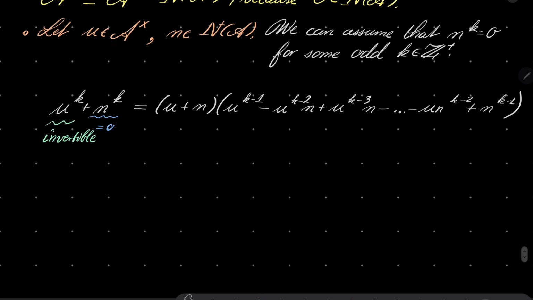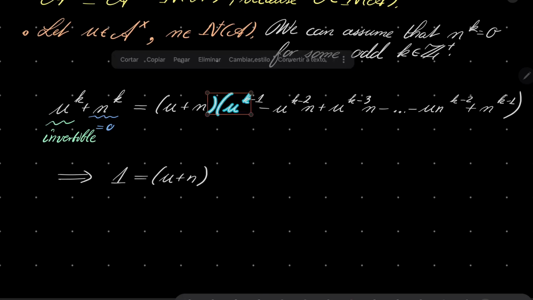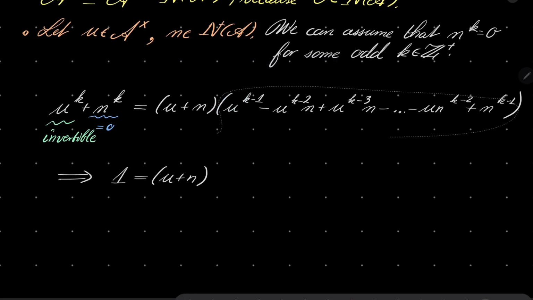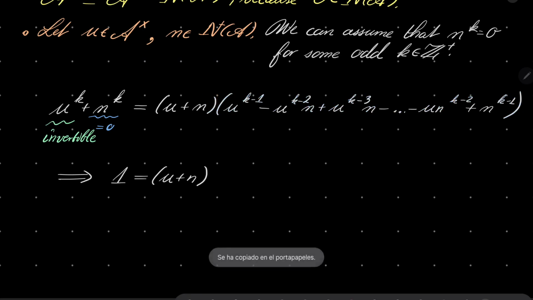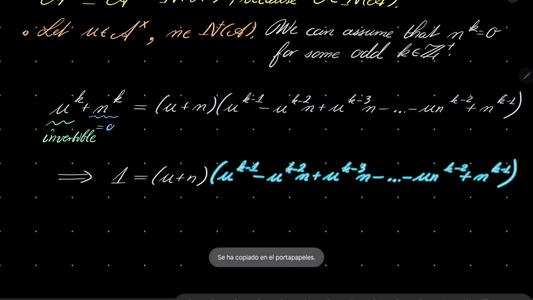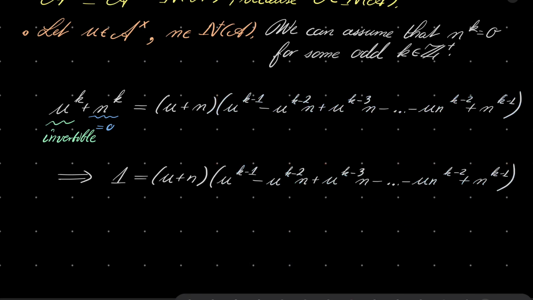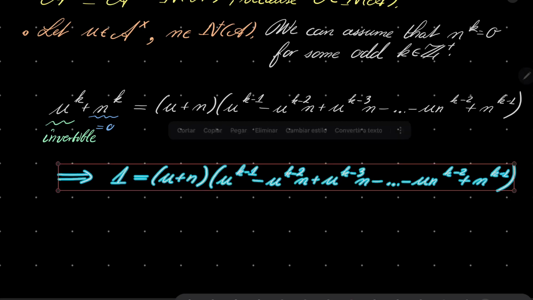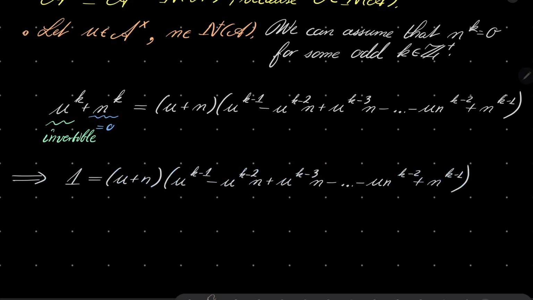So we can write actually the following: 1 equals u plus n times this expression times u to the power minus k.